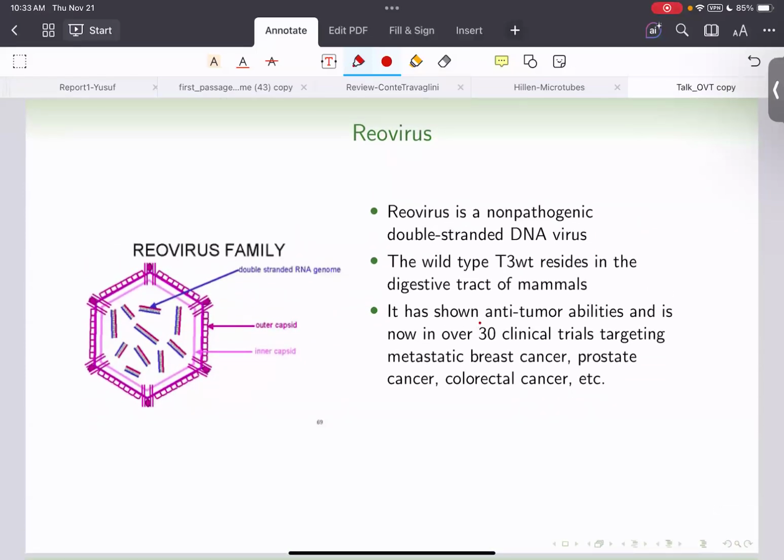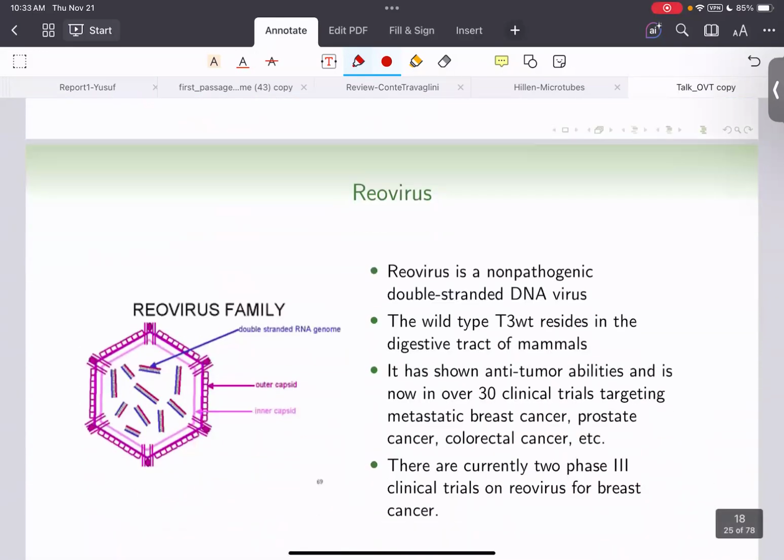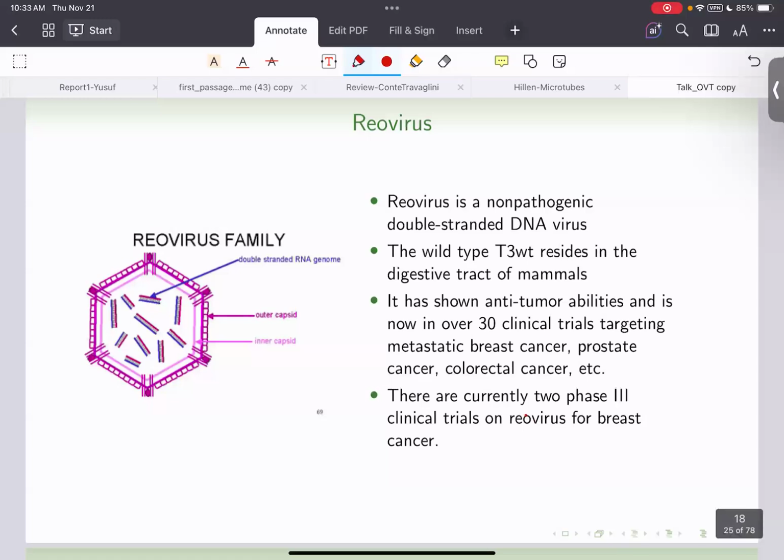But it has anti-tumor abilities and is now considered in over 30 clinical trials for all kinds of cancer, for metastatic breast cancer, for prostate, for colorectal cancer, etc. In particular, two phase 3 trials are happening, and phase 3 means it is very close to becoming a medication, right?